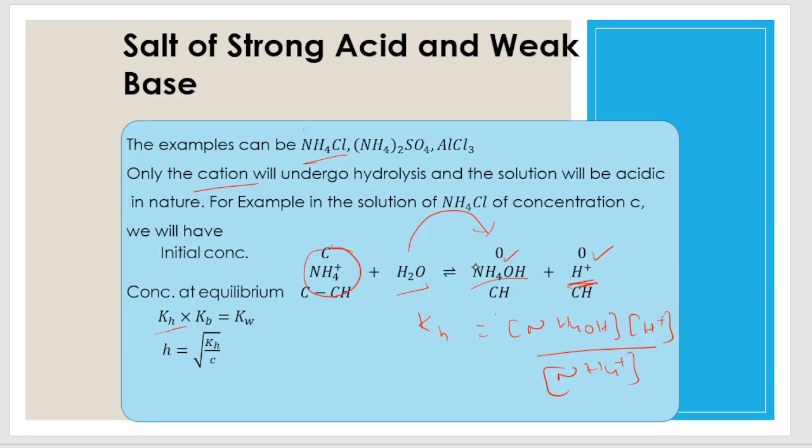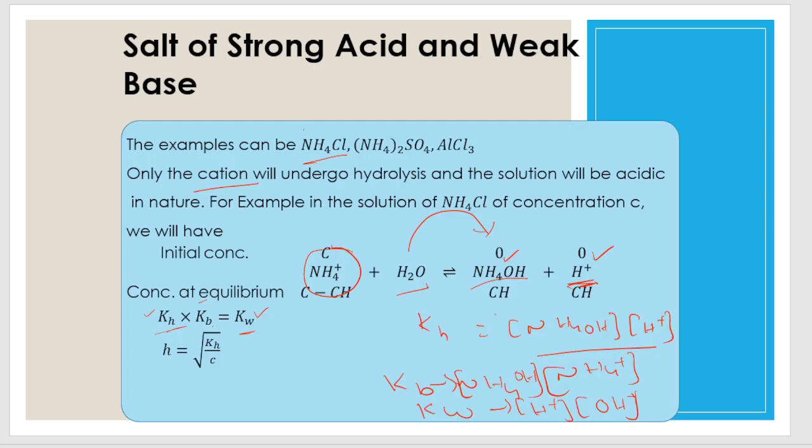If we take the Kb expression for NH4OH, and the Kw value, which is the H+ concentration times the OH- concentration, and simplify by writing all these expressions, you can express Kw in terms of Kh and Kb. Here Kw becomes Kh into Kb.